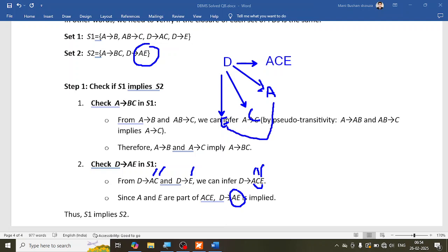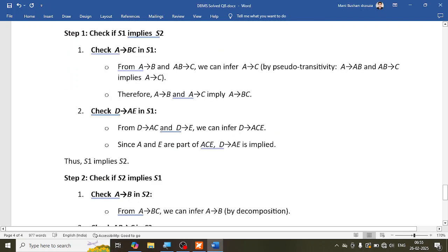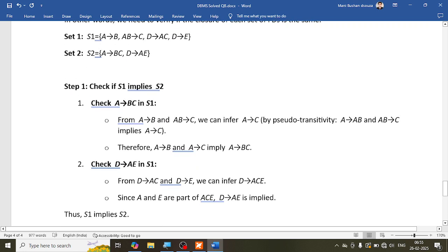So D can derive also AC, D can derive CE, D can derive AC. D can derive any one of them because D alone is the only one attribute that derives the other one. So you can say that D derives AE, and that is where here.